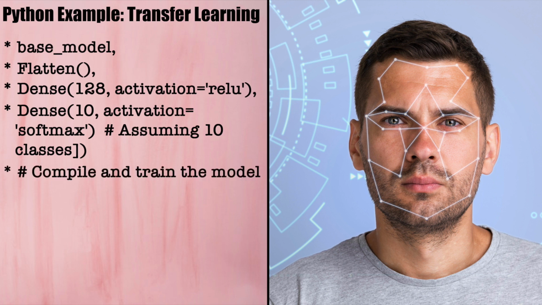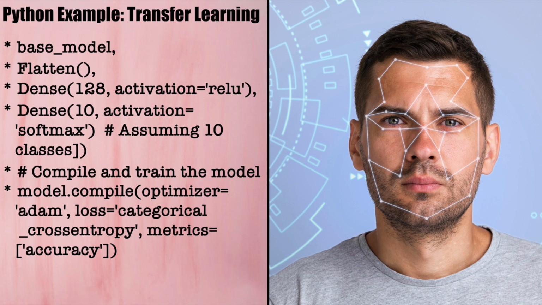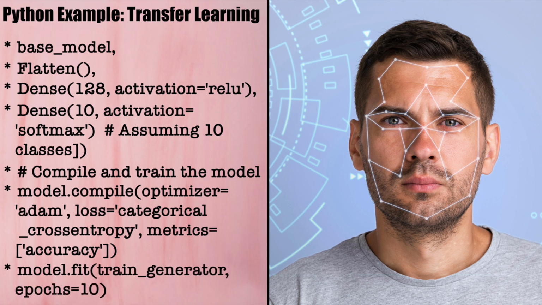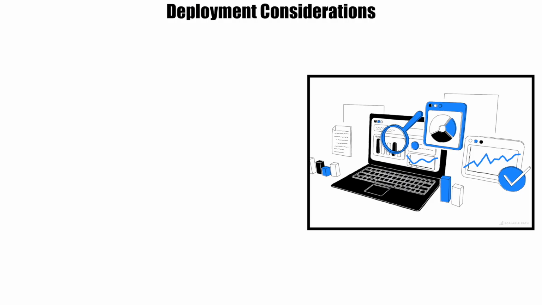So compile and train the model, we need to include the optimizer, that is Adam, and define the categorical loss and the metrics value accuracy which are going to be evaluated by this model. Model fit is required to provide the iterations, 10 iterations we are going to take here. So what are deployment considerations?